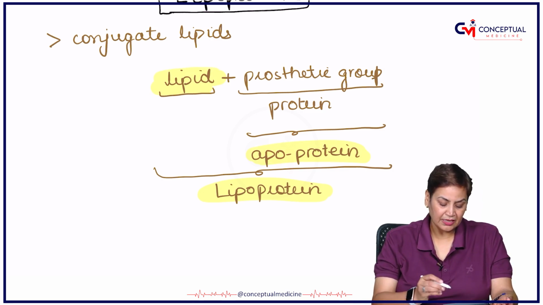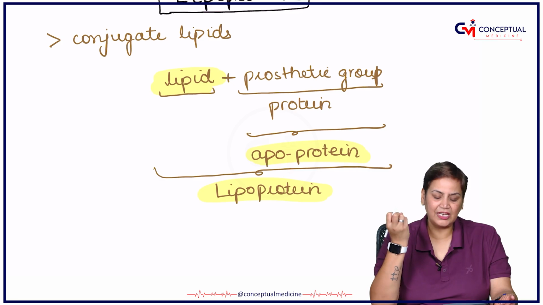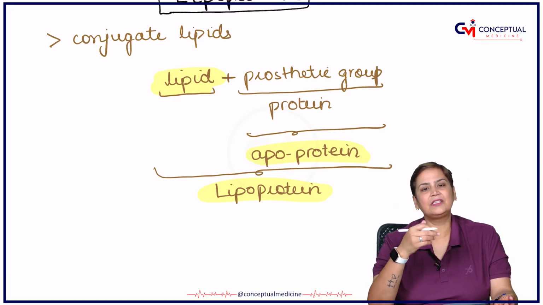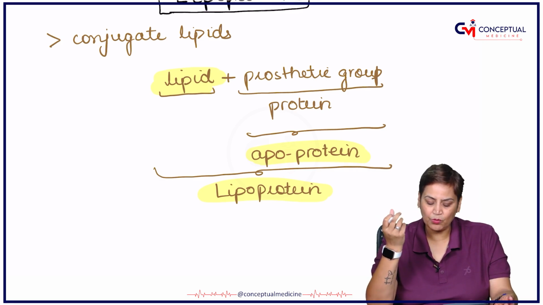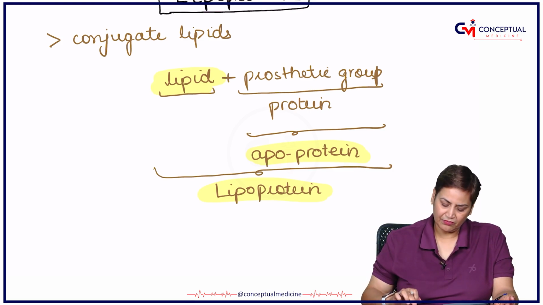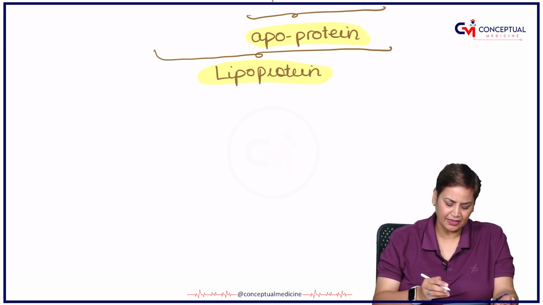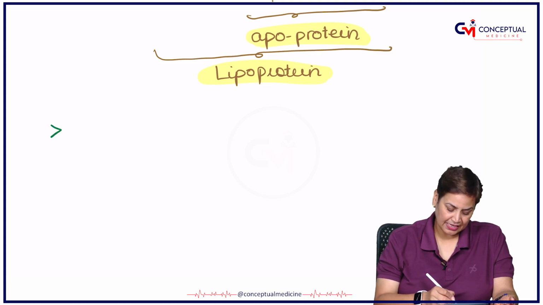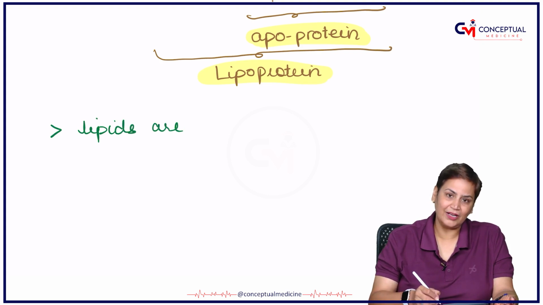Now the question is why? What is the rationale behind this? Why do lipids always require a prosthetic group or a protein to be transported? A very simple reason behind this is that lipids are non-polar in nature.